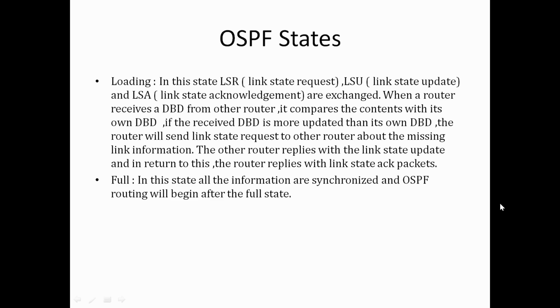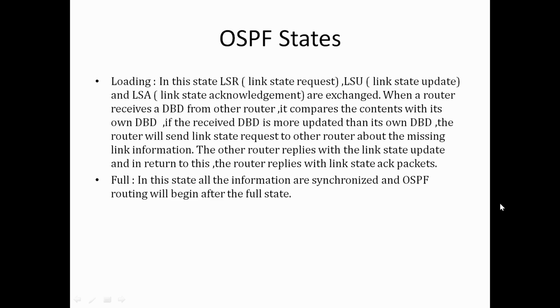When a router receives a DBD from the other router, it compares the contents with its own DBD. If the received DBD is more updated than its own, then the router will send a link state request to the other router about the missing link information. The other router replies with the link state update, and in turn the router replies with the link state acknowledgement.